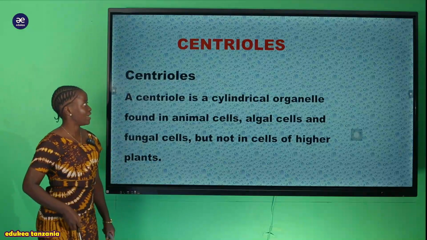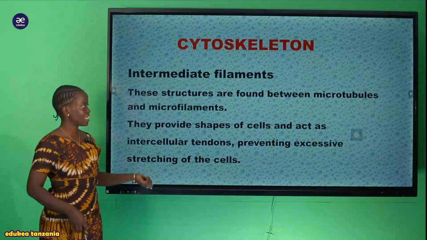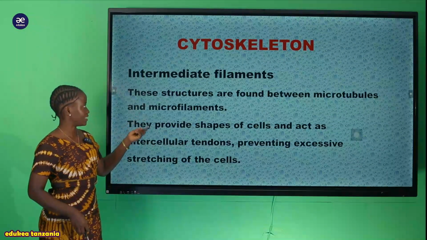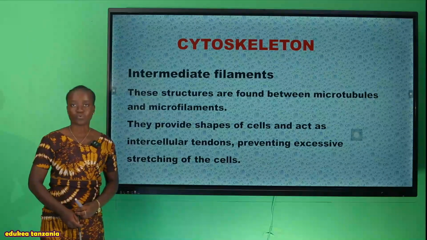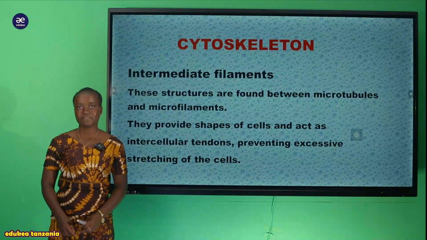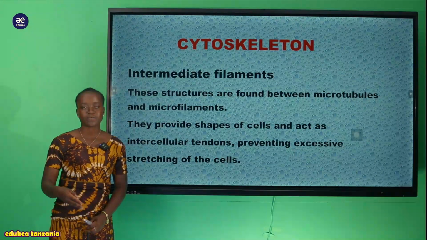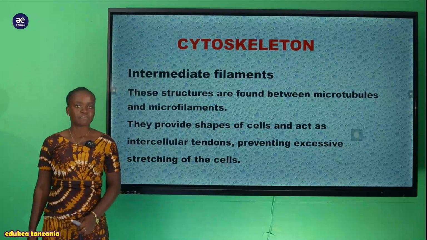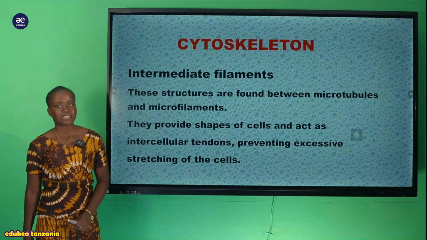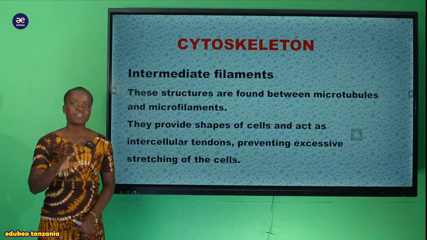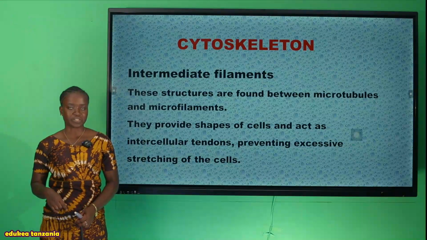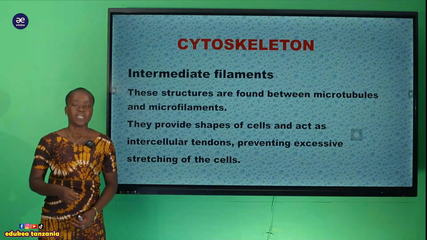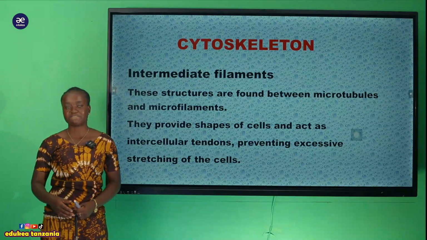But also, those are simply the only two functions of the intermediate filament that we have seen: to provide shape, but also we have seen that it acts as intercellular tendons in order to prevent excessive stretching. Remember, this excessive stretching mostly occurs during cell division.